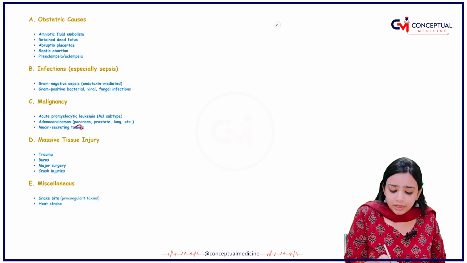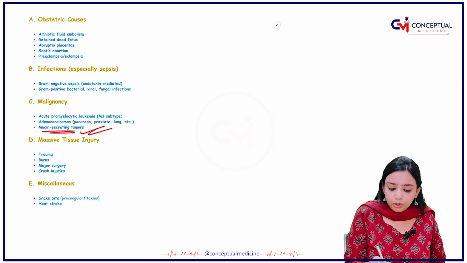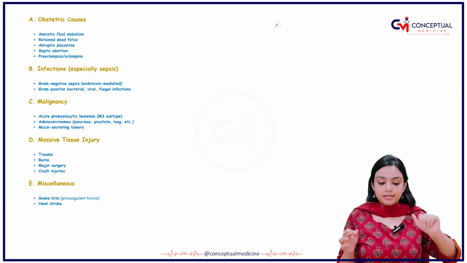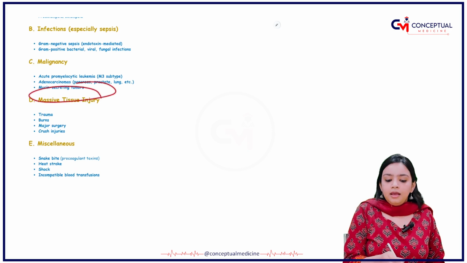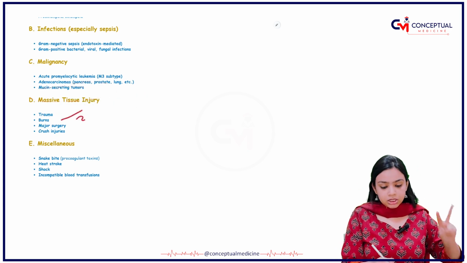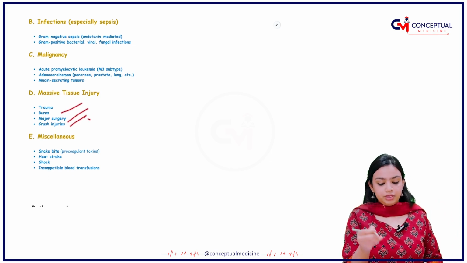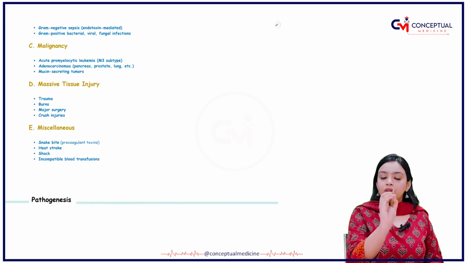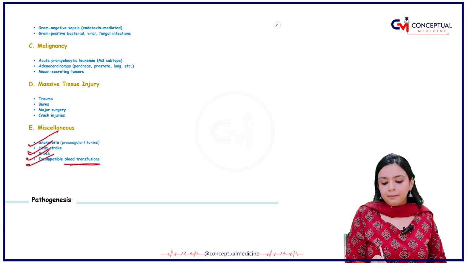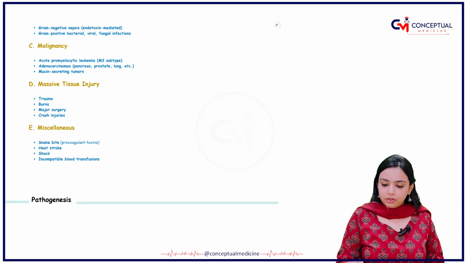In malignancy, you have mucin secreting tumors, adenocarcinomas, and acute promyelocytic leukemias. These are the three malignancies which you need to keep in mind. Massive tissue injuries are due to any trauma, burns, major surgery and crush injuries. Miscellaneous: you need to remember snake bite, heat stroke, shock and incompatible blood transfusion.